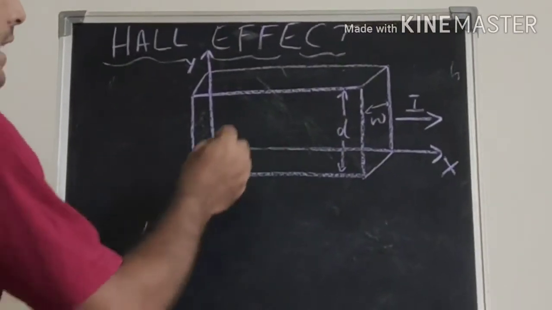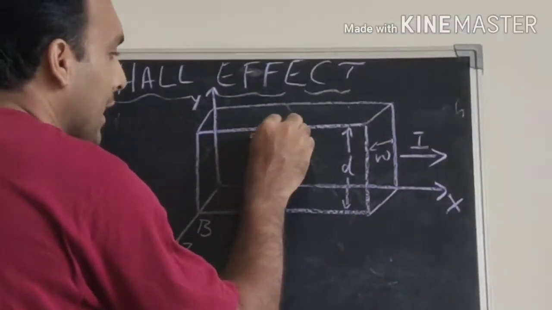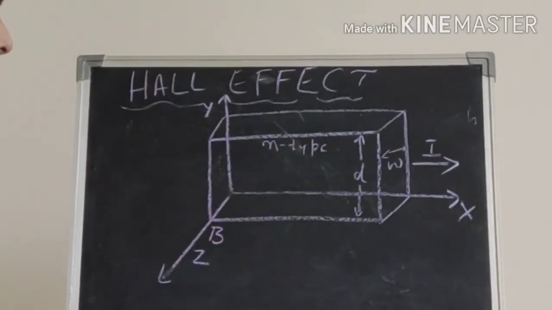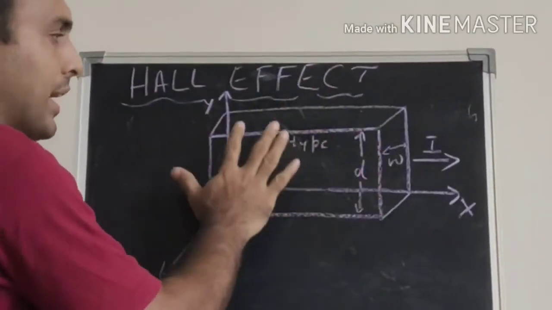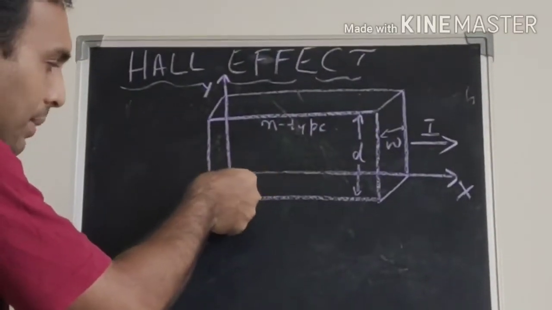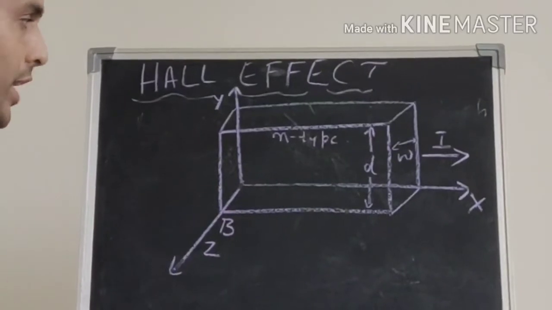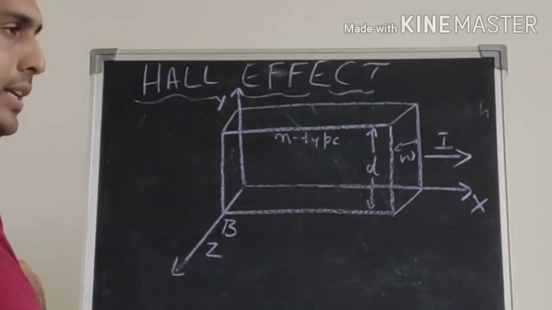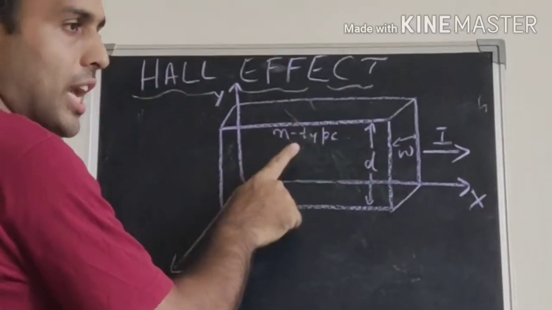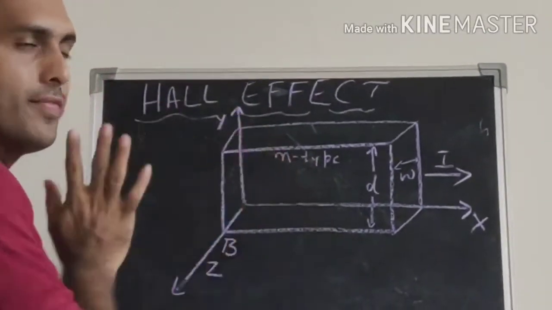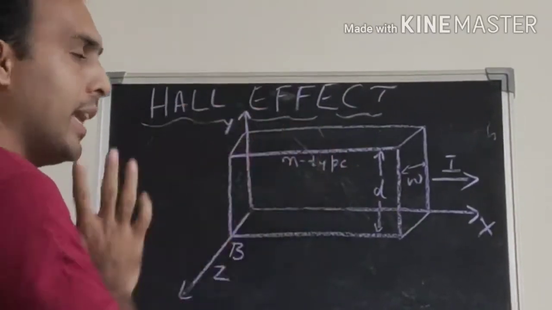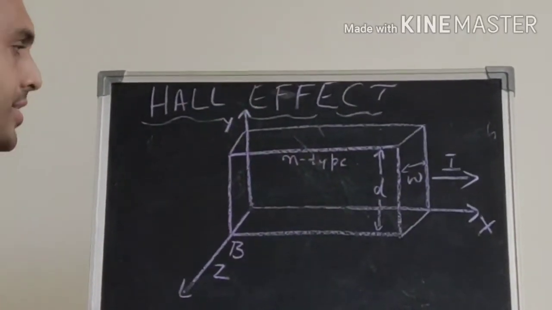Now, consider an N-type material here. We use an N-type semiconducting material, and the magnetic field is applied along B. We know that in N-type, the charge carriers are electrons. Electrons are the majority charge carriers. Holes are the minority charge carriers.